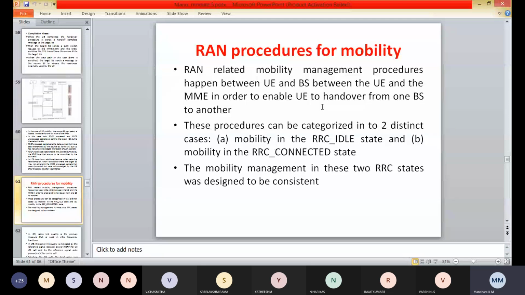To prevent the ping pong effect between the two E node Bs, when the user equipment undergoes RRC state transitions, the mobility management in the two states, RRC idle state and RRC connected state, is designed to be consistent.